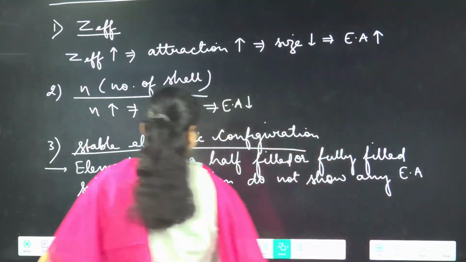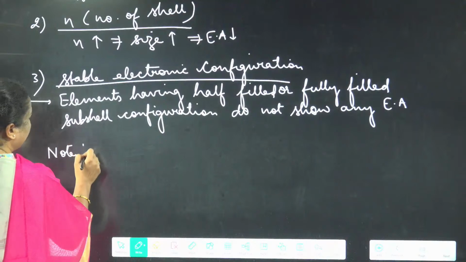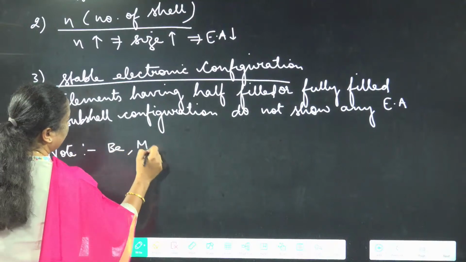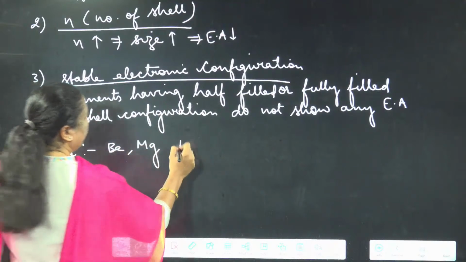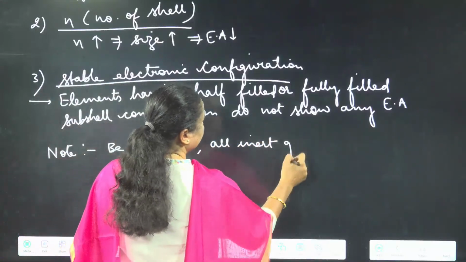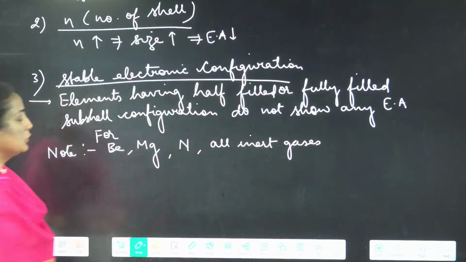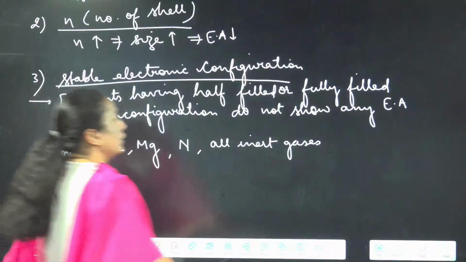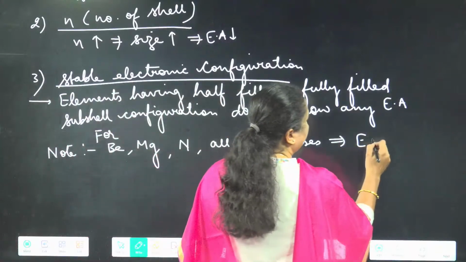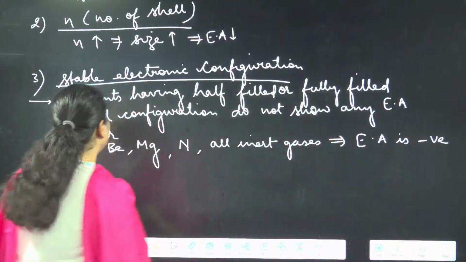You can write one note here: in the case of beryllium, magnesium, nitrogen and all inert gases, electron affinity is negative, right?